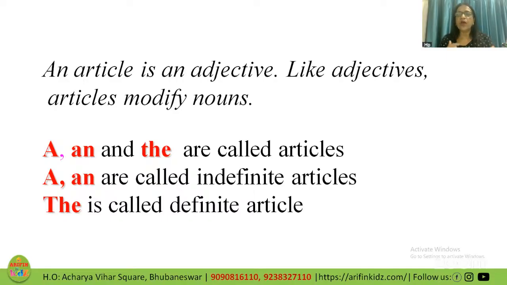When I tell you how to use a and an on the next slide or after that, I'll tell you what is indefinite and what is definite. But articles usually come before a noun to specify whether the noun is general or specific. Again, listen: articles usually come before a noun to specify whether the noun is general or specific.